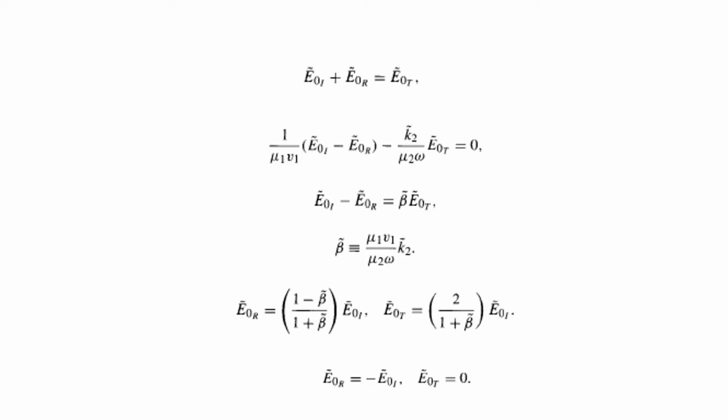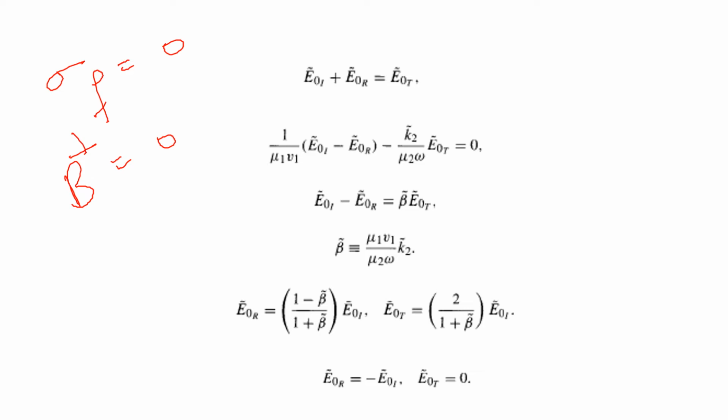Since the perpendicular component of electric field is 0 on both sides, the first boundary condition yields sigma F equal to 0. And the perpendicular component of magnetic field is also 0, so the second boundary condition is automatically satisfied.